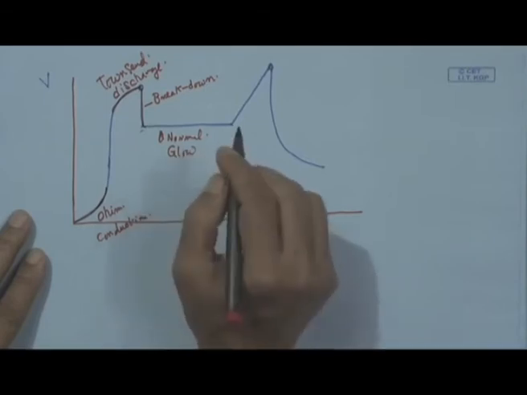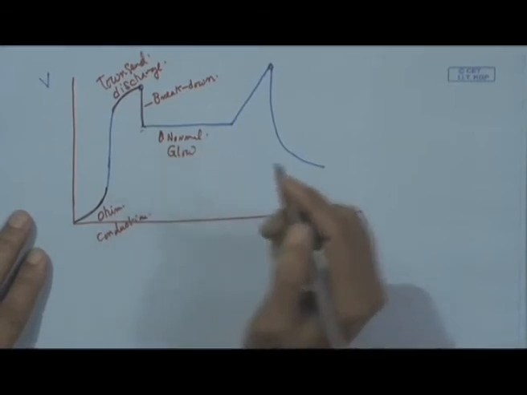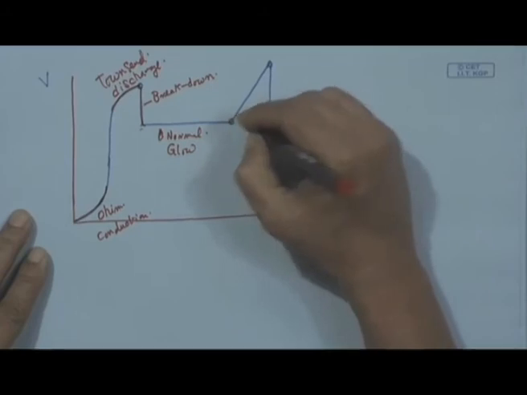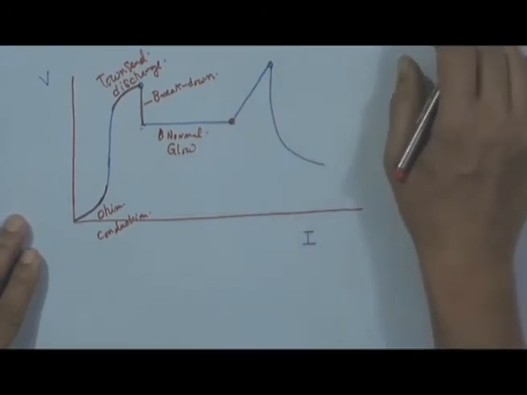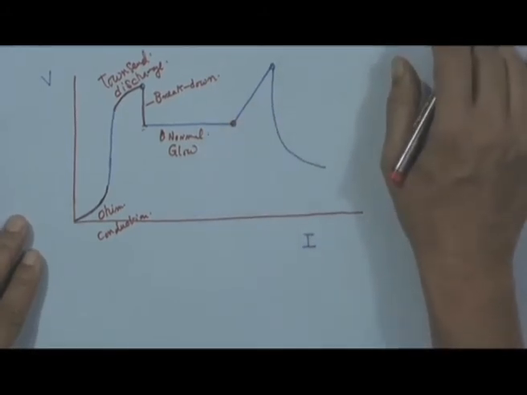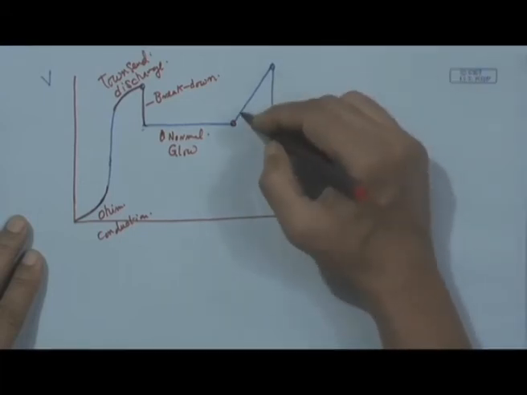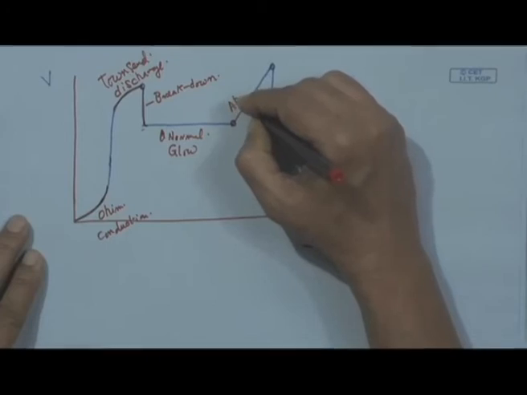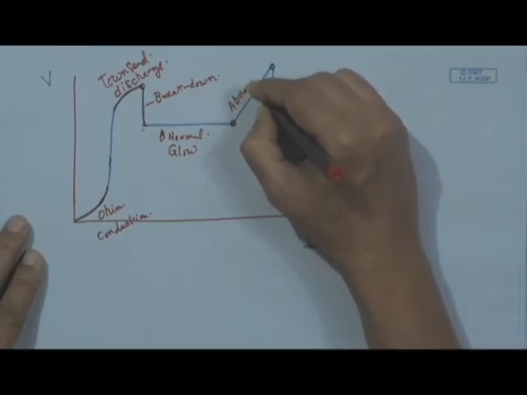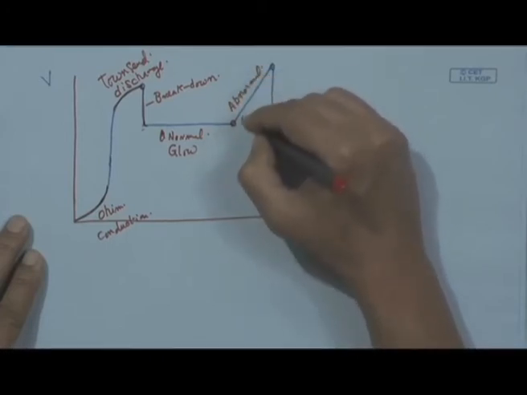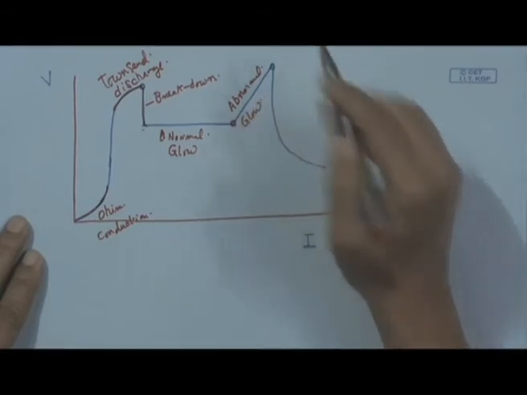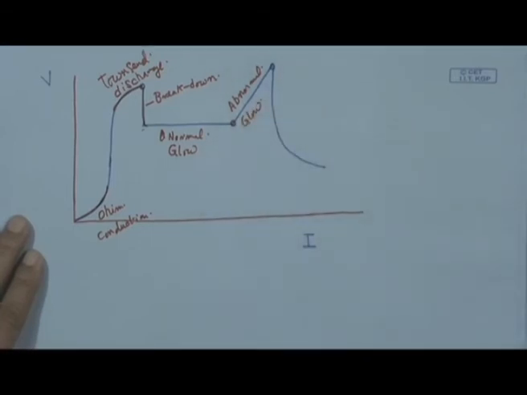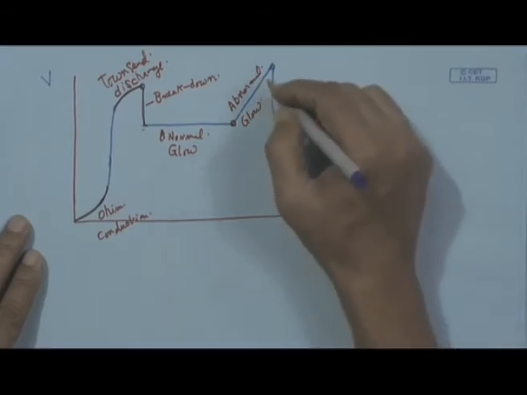It is actually discharge with glow, and from this point what we see is that if we like to increase current, that will cause an increase in voltage. So, this is called abnormal glow, and it is exactly where we carry out or conduct sputtering.